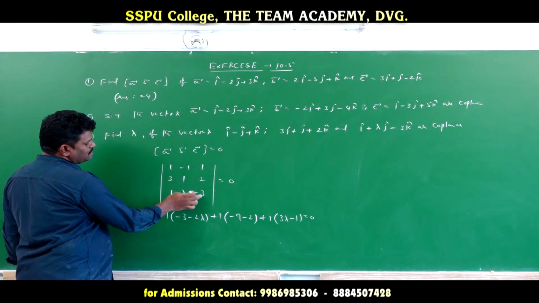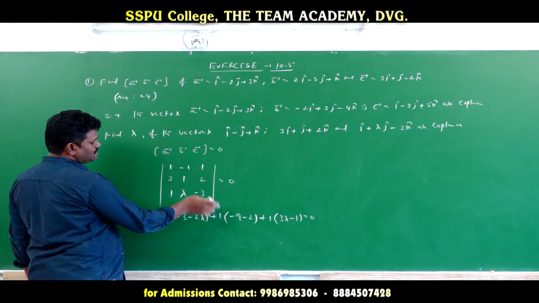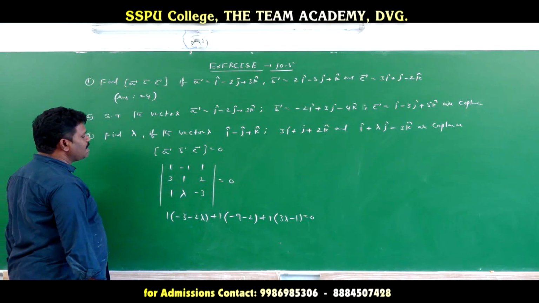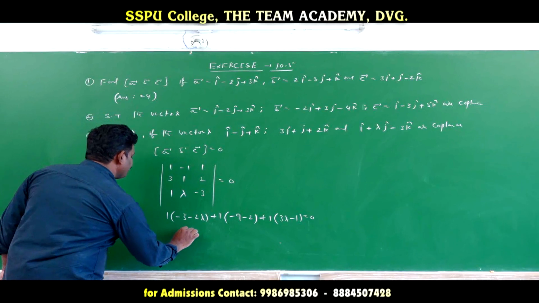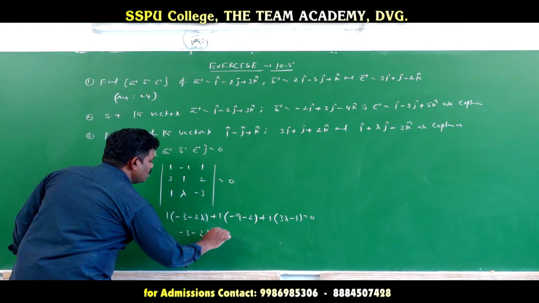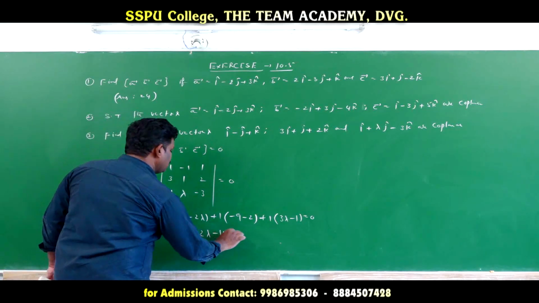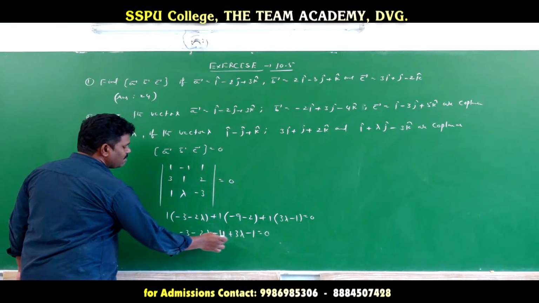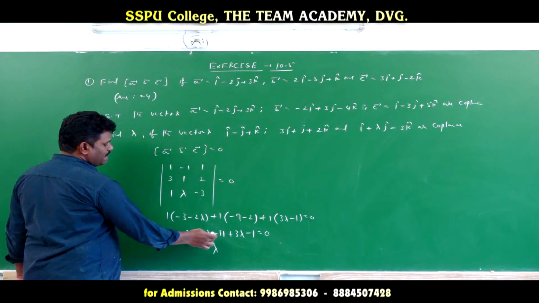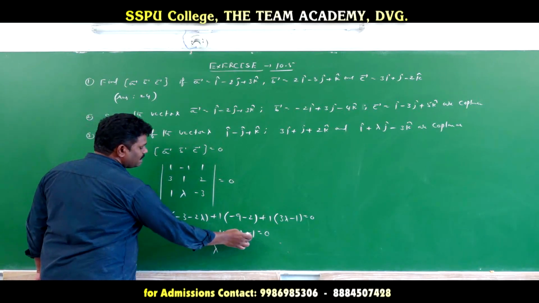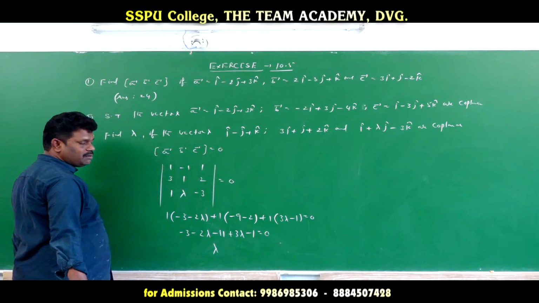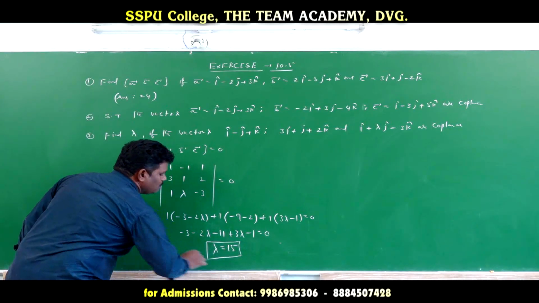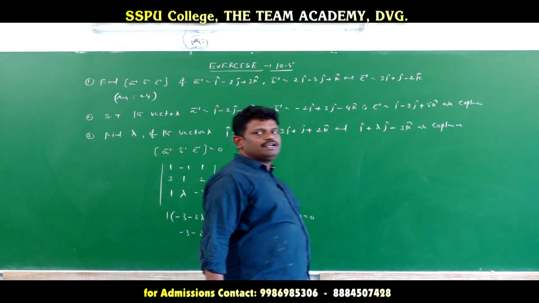So minus 3 minus 2 lambda, then minus 9 minus 2, which is minus 11, and then plus 3 lambda minus 1 is equal to 0. So 3 lambda minus 2 lambda minus 11 minus 1 is minus 12, minus 3 is minus 15. So lambda is equal to 15.